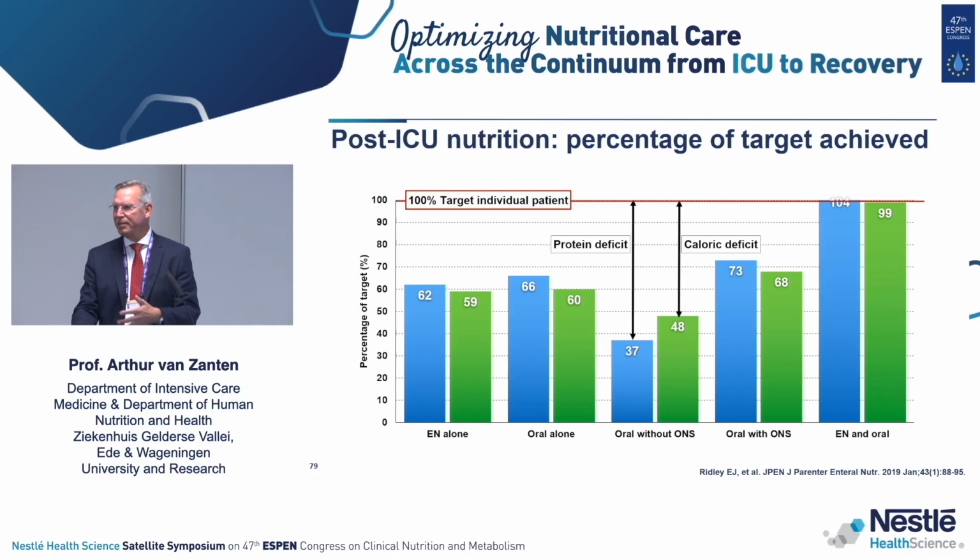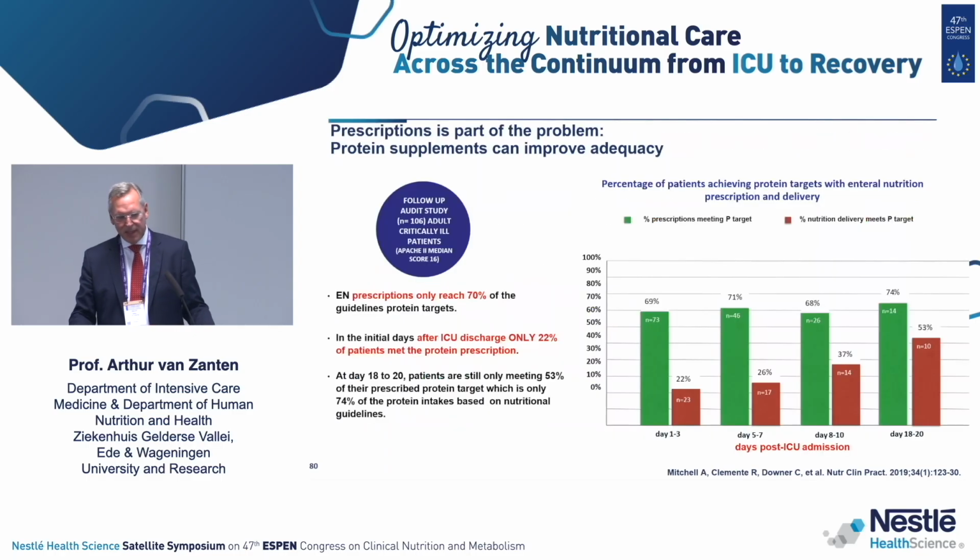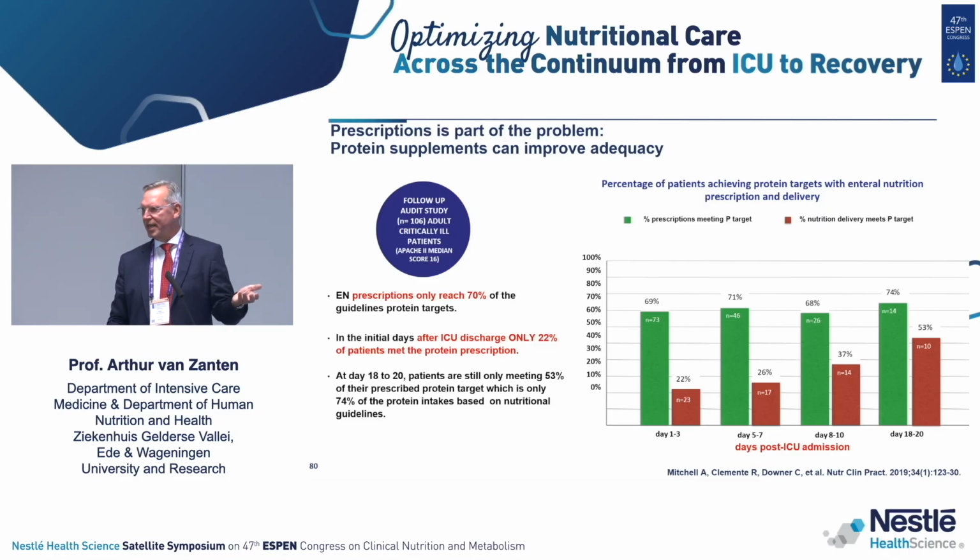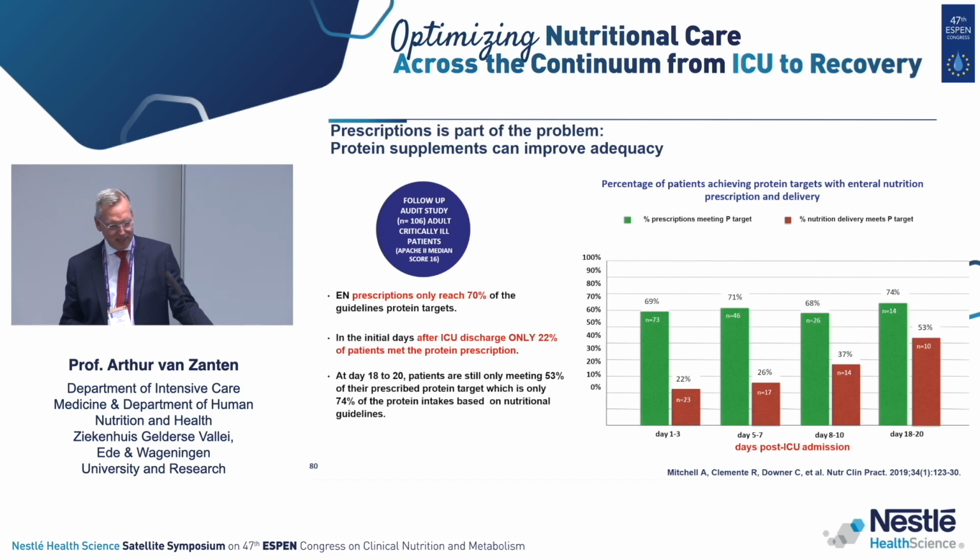And when you combine it with ONS or EN, the tube feeding, it's better. We also know from this study that the prescriptions in general wards are too low, around 70% of what they should be. And of course, a patient will never eat what you order or prescribe. It will always be slightly lower or markedly lower.